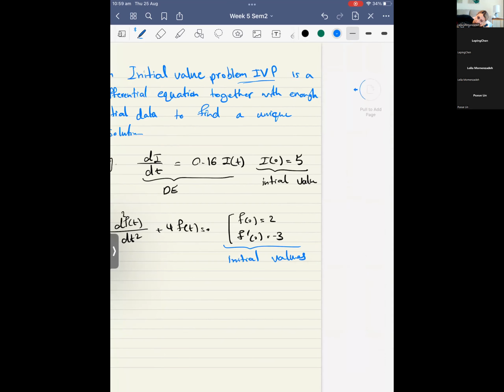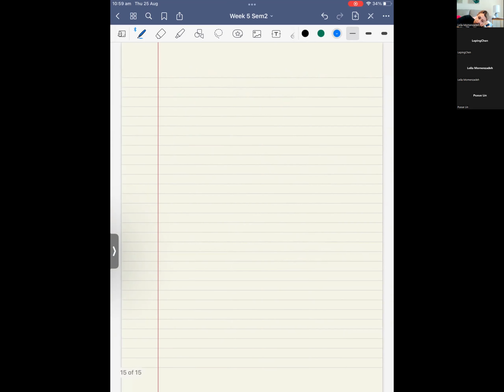And what can we say about the solution of dy over dx equals f of x and y?